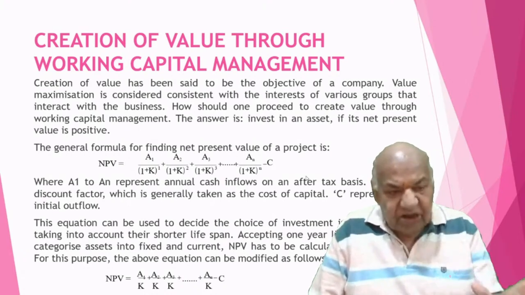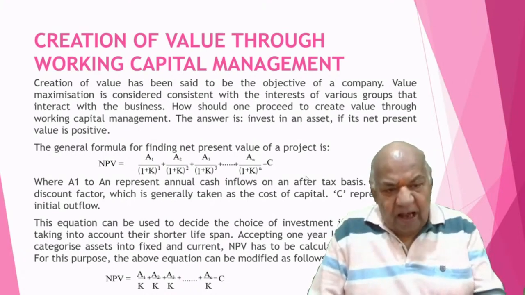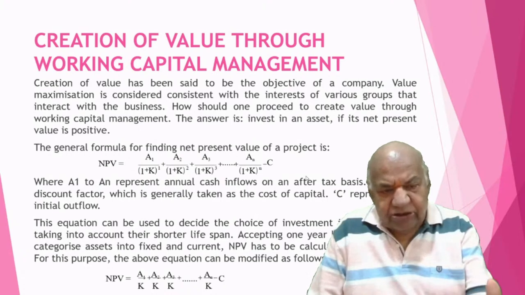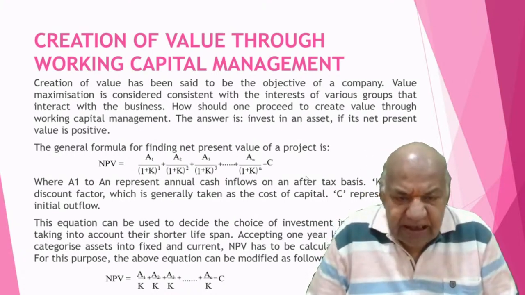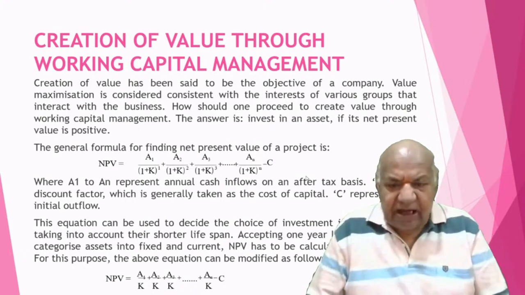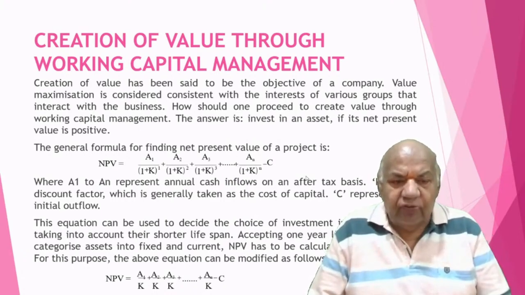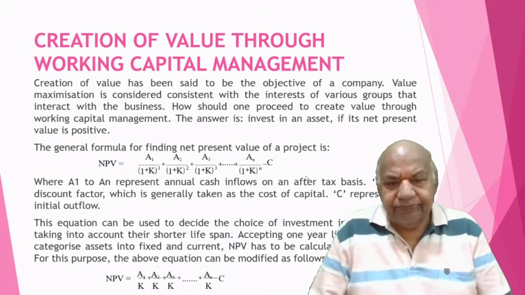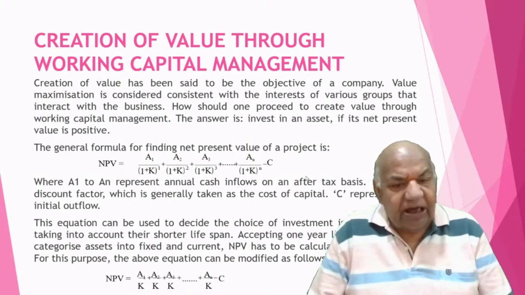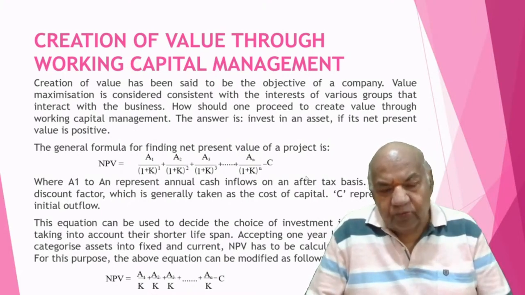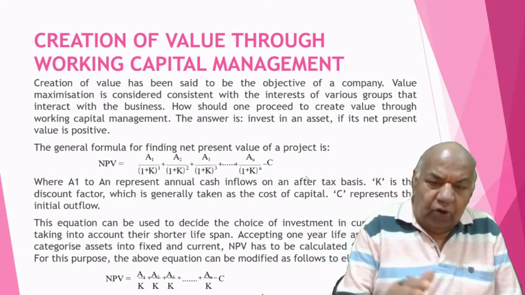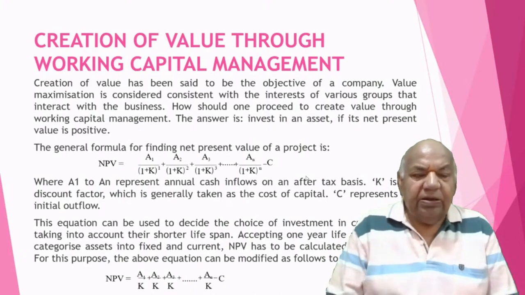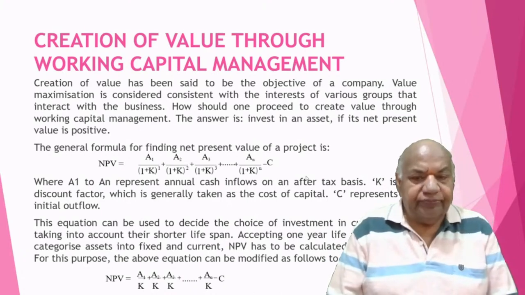If the summation of A1 upon 1 plus K raised to 1, so on up to An upon 1 plus K raised to n, is the present value of inflows and C is the initial outflow, then the difference of inflow over outflow is the net present value.